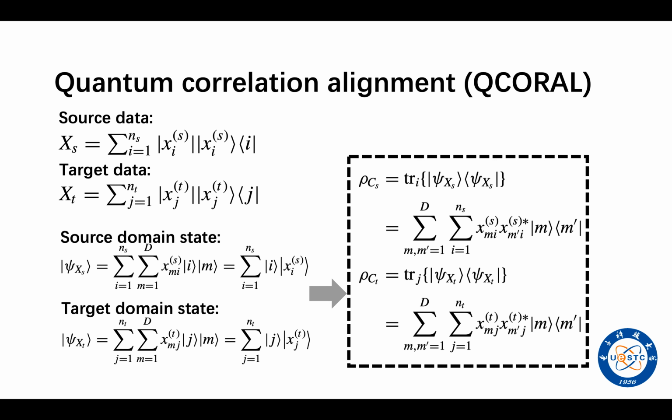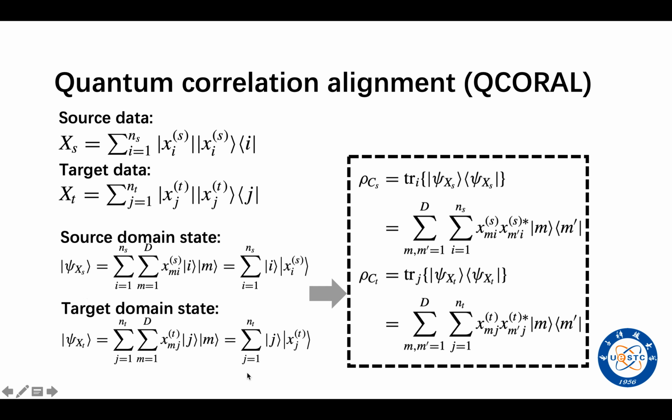One implementation, namely the quantum correlation alignment algorithm, namely the QCORAL, can be performed on a universal quantum computer, achieving exponential speedup in the number and the dimension of the given data. First of all, we encode the source and the target domain data into the quantum states psi-xs and psi-xt.